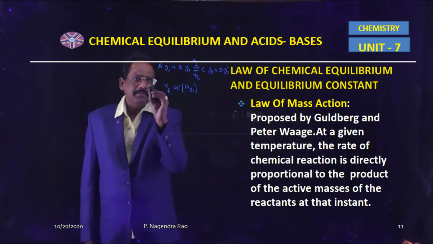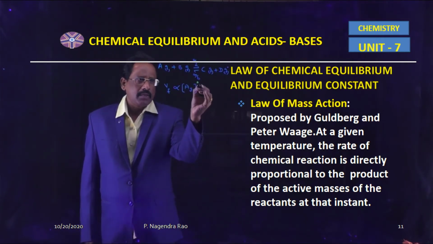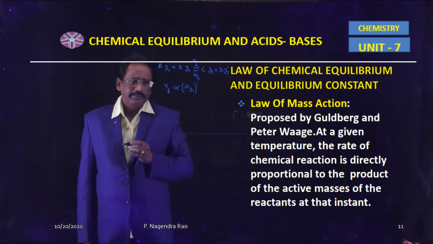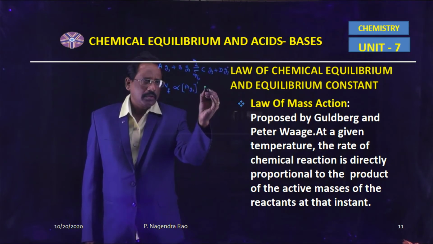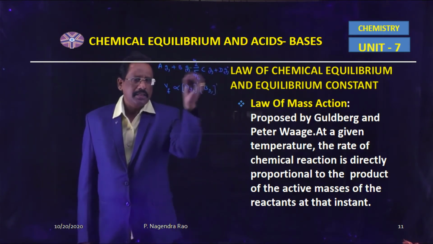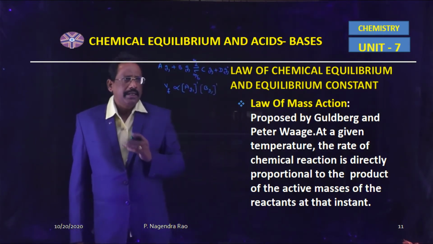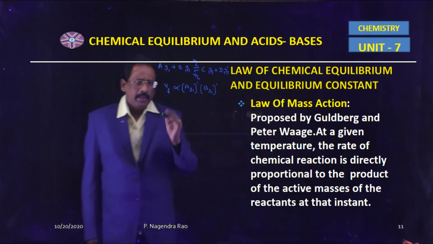In this example, the number of moles of A is 1, that's why to the power 1, into the active mass of B gas raised to the power 1, because in this example the number of moles of B is equal to 1.